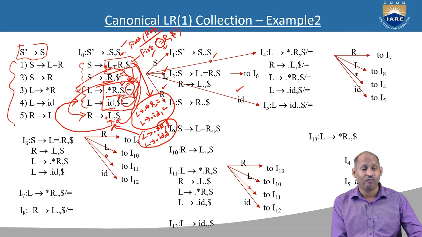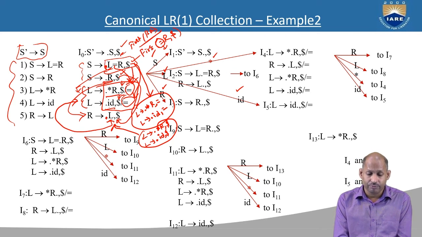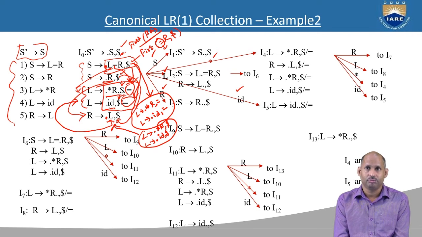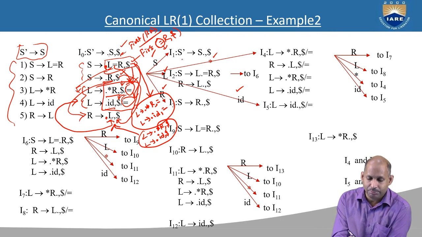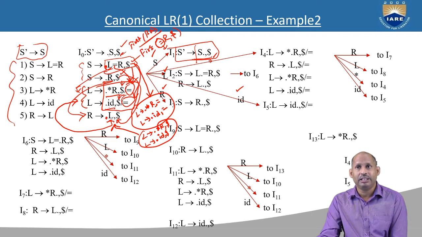There will be 5 goto operations on the I0 group. So what are those 5 goto operations? One is on S: dot S becoming S dot dollar, right? That I1 group is completed.